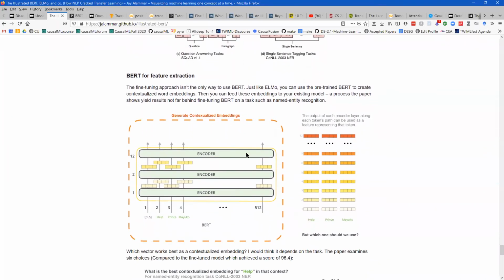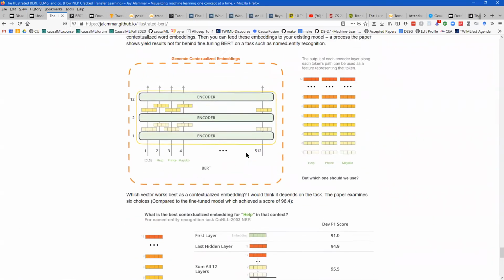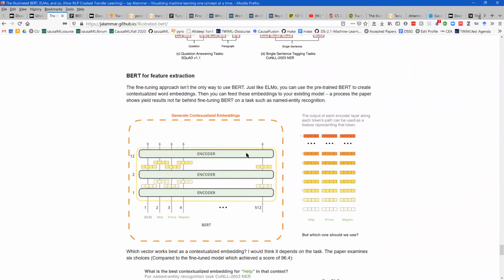And then he says, I think this is the last thing he says, that you can use BERT for feature extraction without even fine tuning.